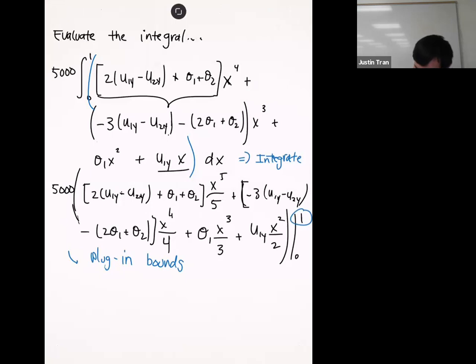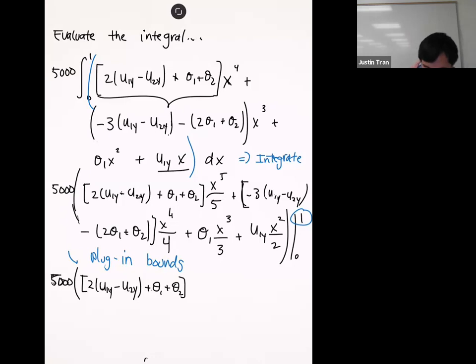I think I have enough room to squeeze that here. If we plug that in, we get 5,000 times 2 times u1y minus u2y plus theta 1 plus theta 2.